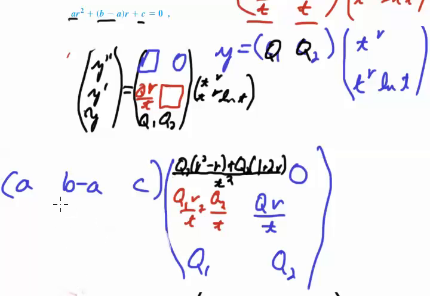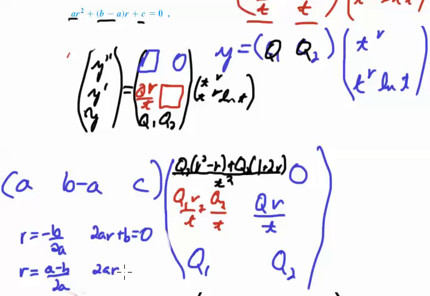What's the ordinary equation? R equals negative b over 2a is the way it would be in a regular quadratic equation. So 2ar plus b would be 0. In this version, we're going to have r equals negative b minus a over 2a, which would be a minus b over 2a, which would be 2ar minus b, 2ar plus b minus a equals 0.